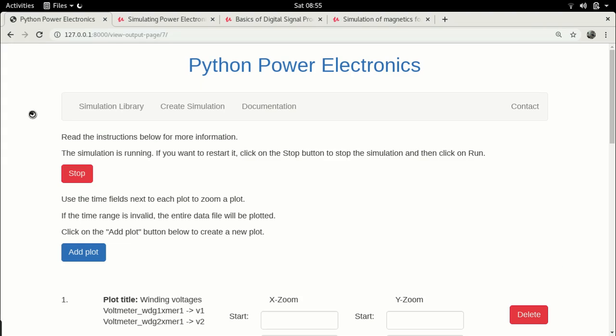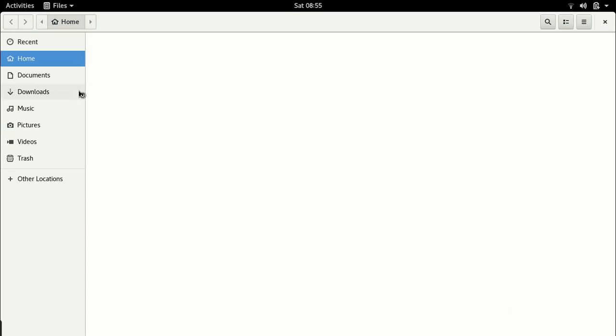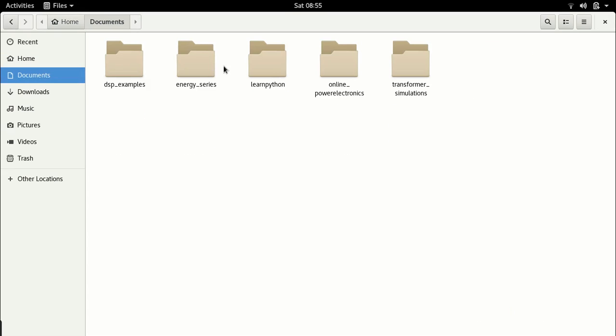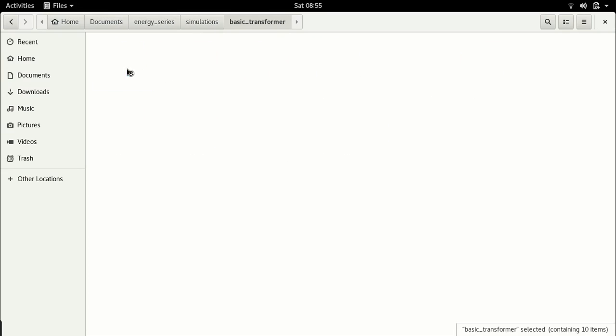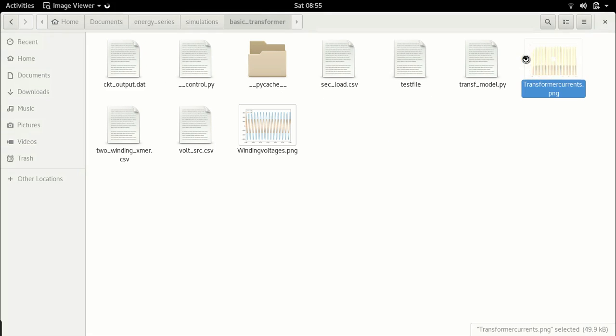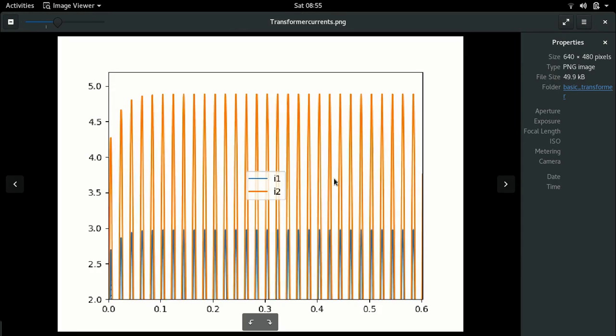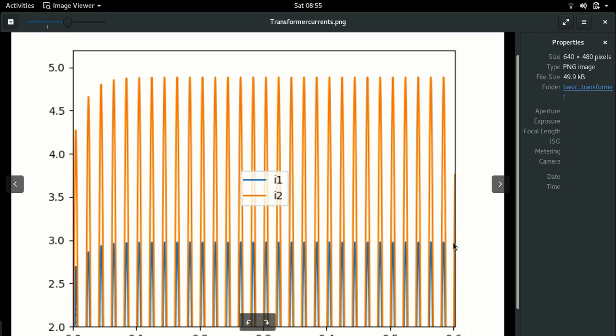And these are the transformer currents. So you see that the primary current peak is around 3. The secondary current peak is around 5, right?